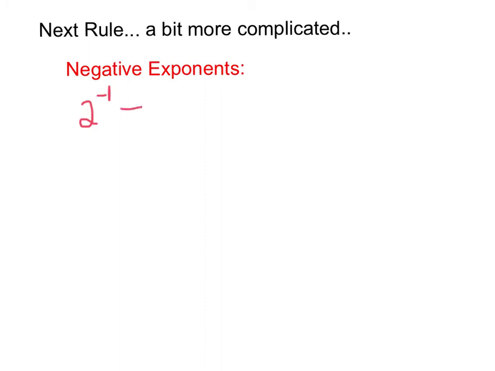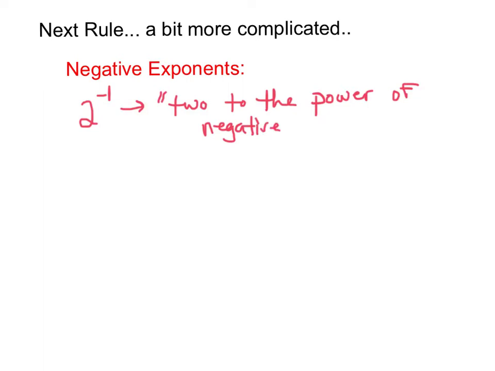So in a way, this is writing and reading this. This is 2 to the power of negative 1. And this is how we want to read these. We don't want to read these any other way. This is 2 to the power of negative 1, not 2 to the minus 1.